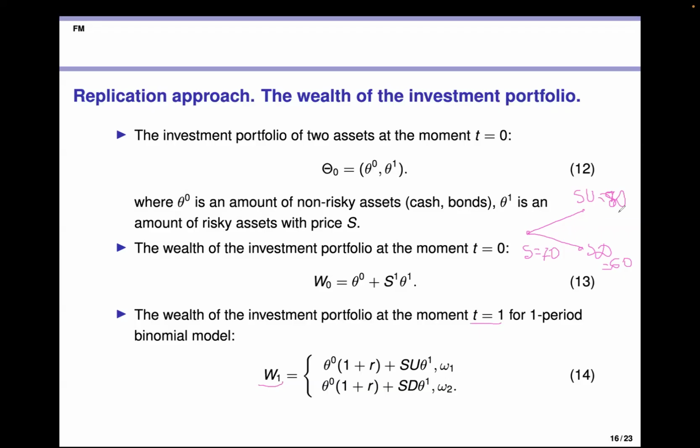In this scenario, it should be theta 0, it is 50, multiplied by 1 plus r, plus theta 1 multiplied by the price. But it is clear, yes? Clear.